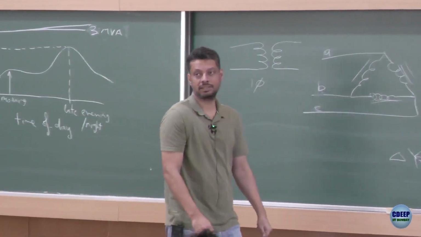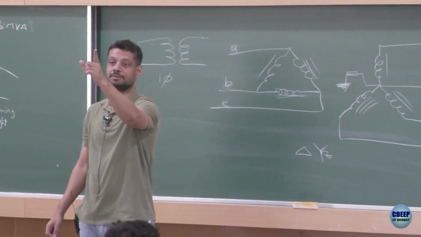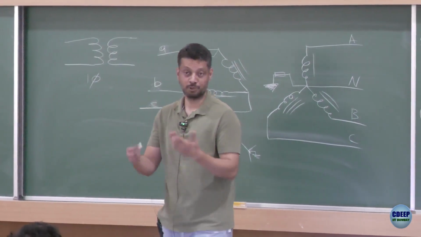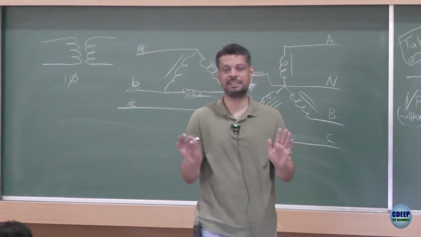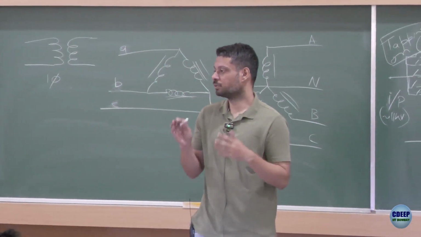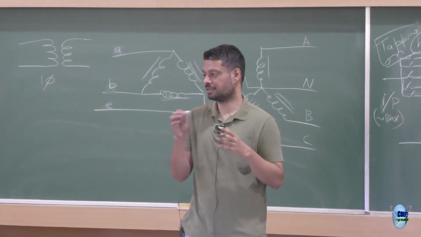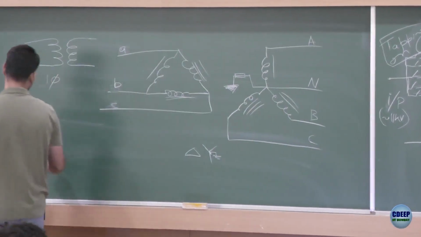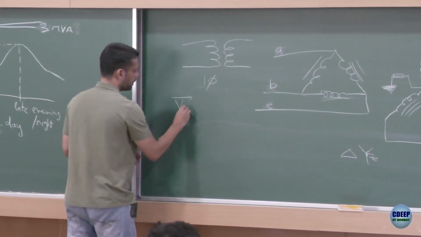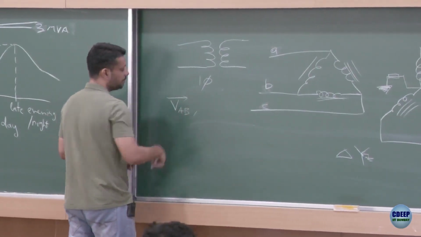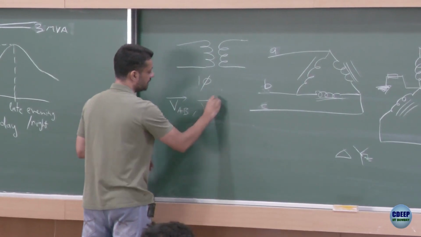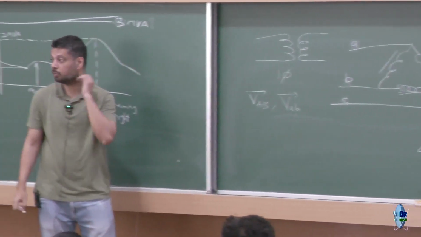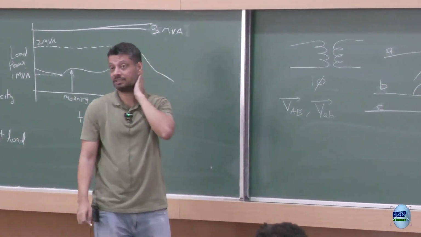I will repeat my question and then we will start from the back. You all remember phasor diagrams, right? If you have to draw the phasor representing VAB, and in the same diagram the phasor representing small Vab, how would they look with respect to each other?